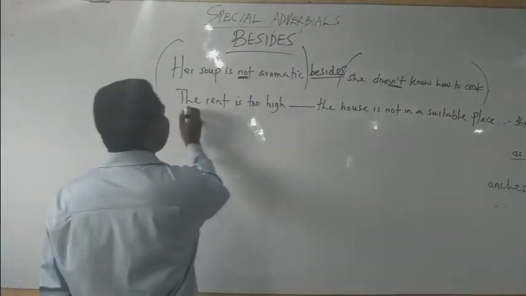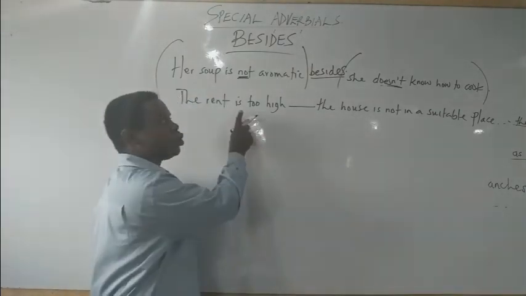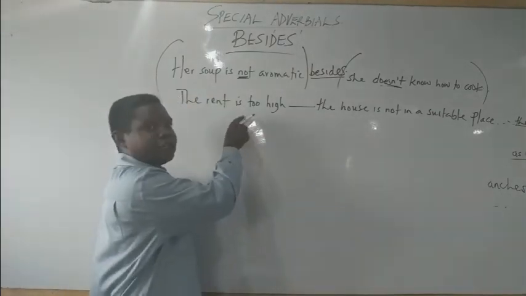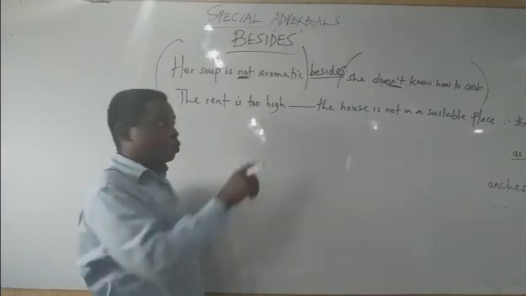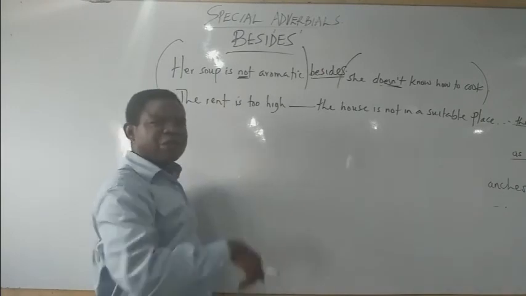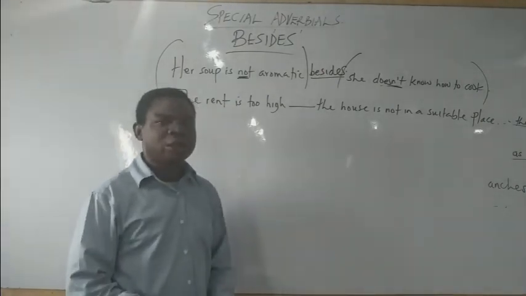You can see the first one, the rent is too high, although there is no negator here. What are the negators? No, not, and never. Though they are not here, the expression itself has what? Negative inference.